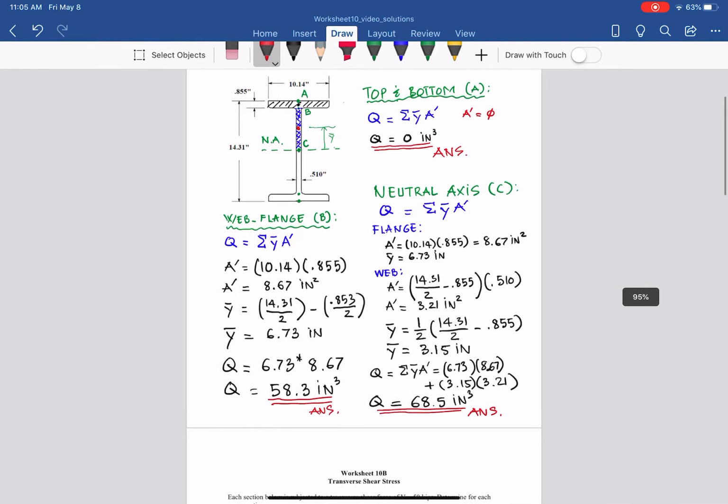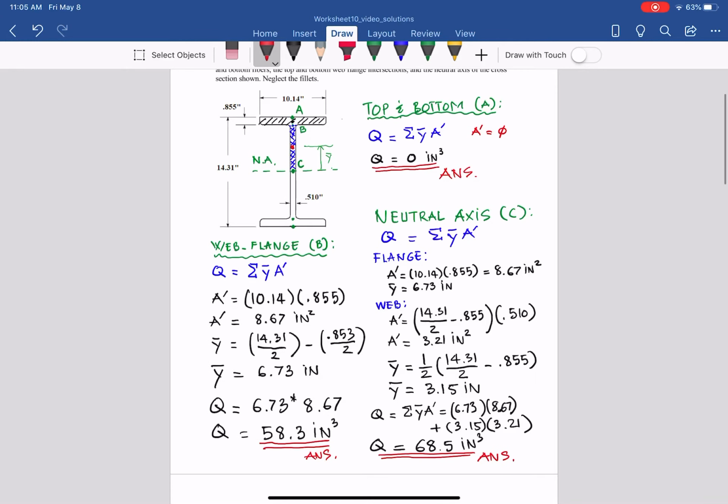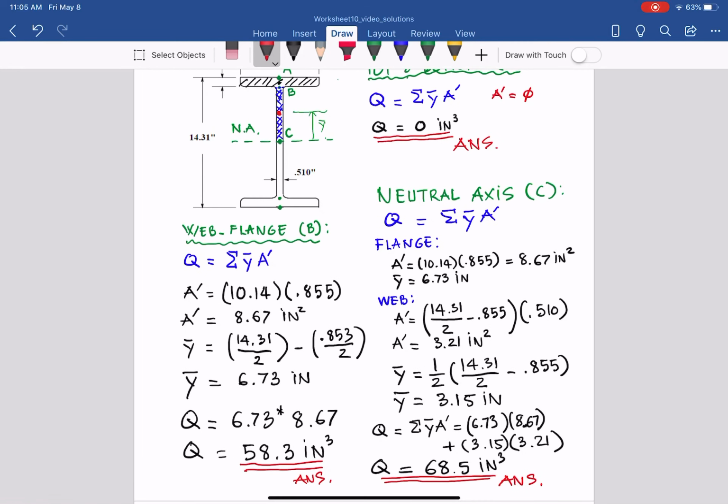So bottom line, Q is the biggest at the neutral axis and smallest, equal to 0, at the outermost fiber, and that is done for the first moment of outward area. Very important, because next we will apply that to find the distribution of the shear stress, the transverse shear stress.